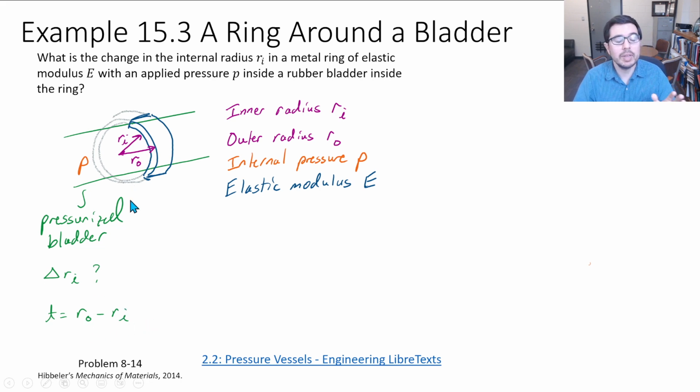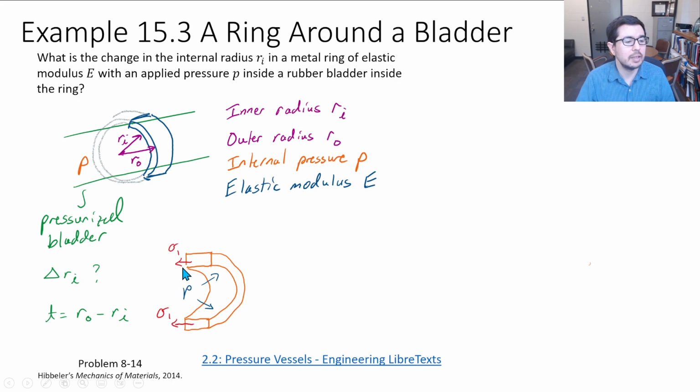First, maybe it's more convenient to think in terms of a thickness for this ring, and so we'll say that's R outer minus R inner, however you want to look at it. And you've seen this drawing before. We take the ring, or if it were a cylindrical pressure vessel, and we can think about which stress. This is the hoop stress. It's going around, and there's an internal pressure inside, and that pressure is transferred perfectly from the bladder to the inside of this ring.